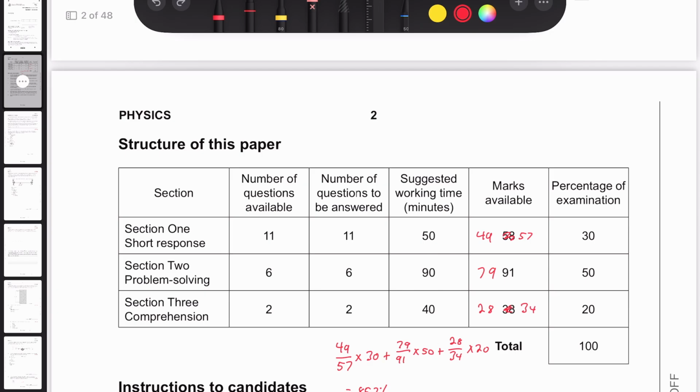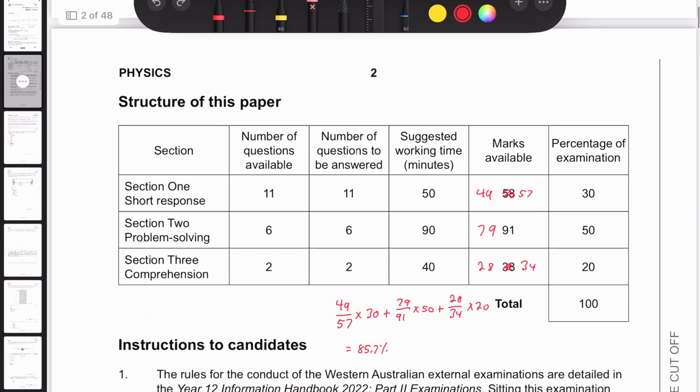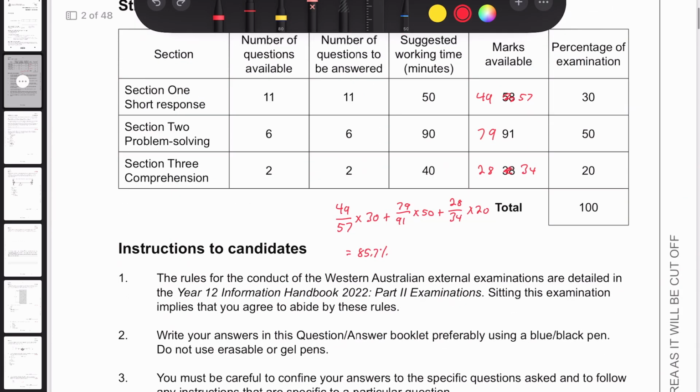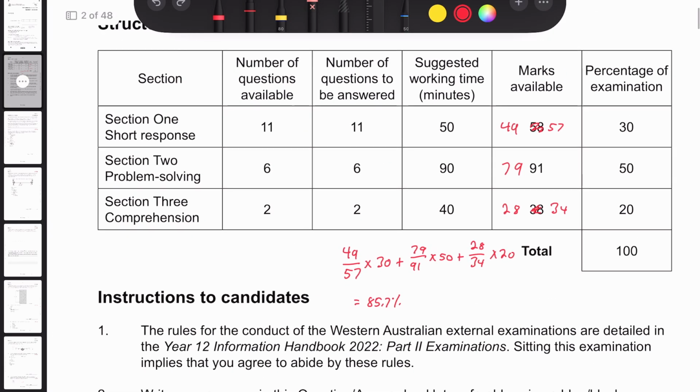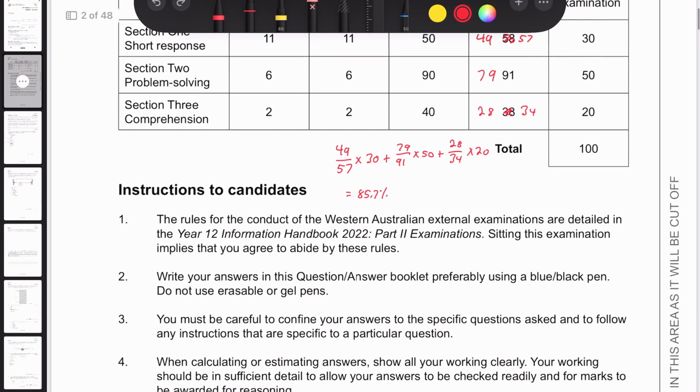I finally got access to a Google Drive from someone on Discord that has the images of the actual WACE exam, with all the articles already there. I'm going to use that for 2023, but I'm still going to do the exam on the official SCASA paper. We lost 8 marks in section 1, 12 in problem solving, and 6 in comprehension. I also took off 4 for comprehension because there was information but no marking key.